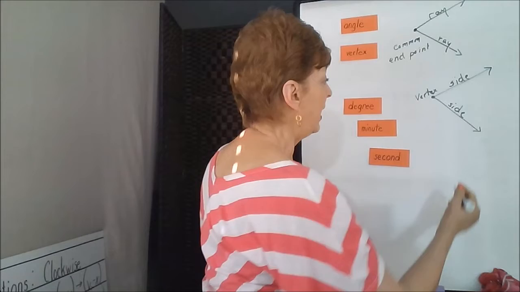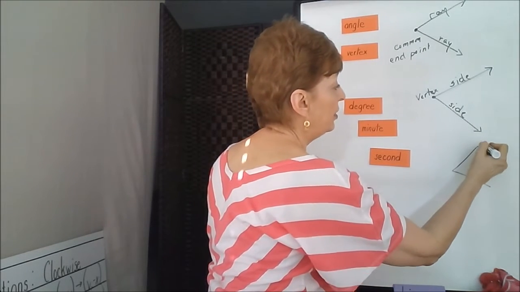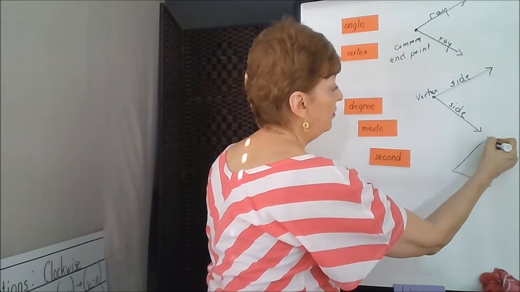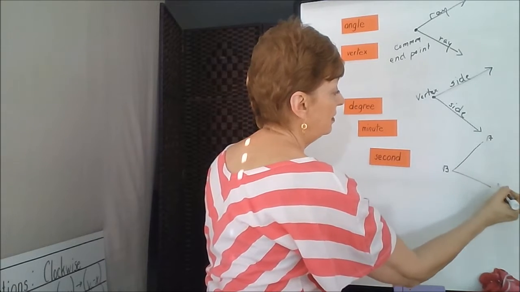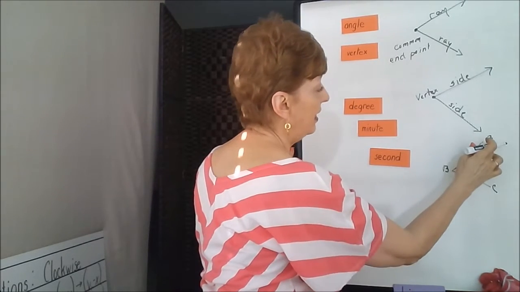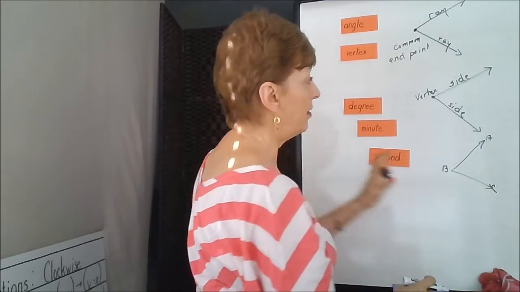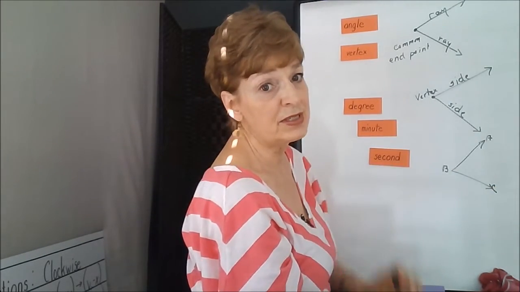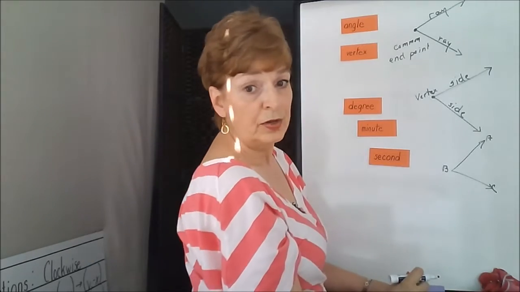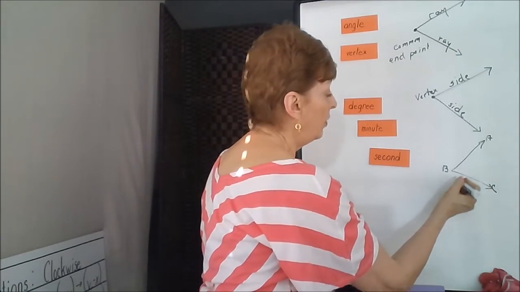When you read an angle, if you have A, B, C, A and C are part of the ray that continues on its way. You usually name the angle with the vertex.